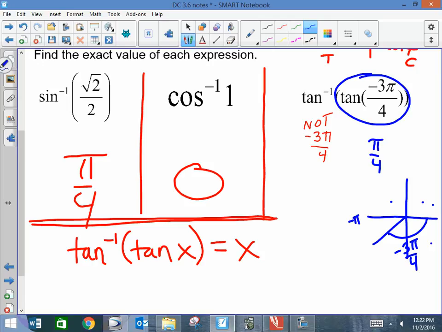We know that because this is positive. So it's either this one or this one that has the same value. The only one that has the same value is the positive one, in the 4th quadrant, which is pi over 4. And those are those vertical angles again.